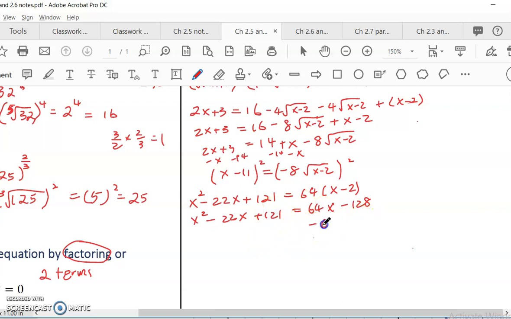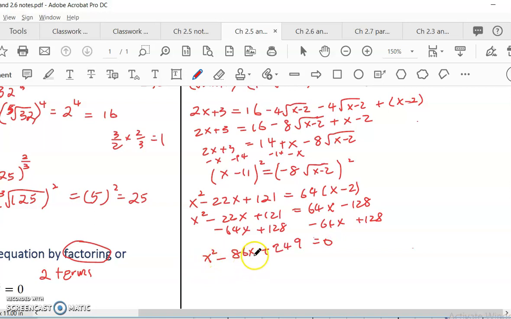So I subtract 64x and add 128. X squared minus 86x, oh gosh, plus 249, right? 121 plus 128 is 249, equal to 0.